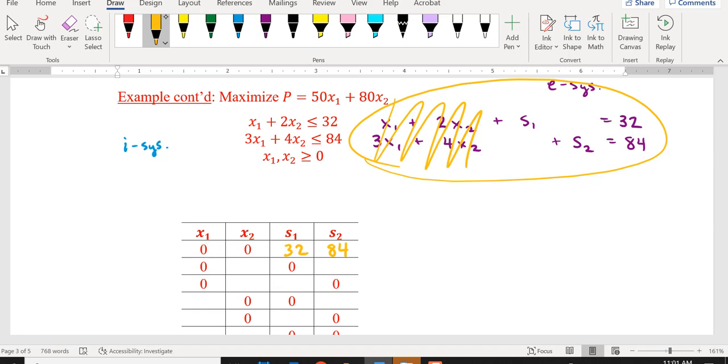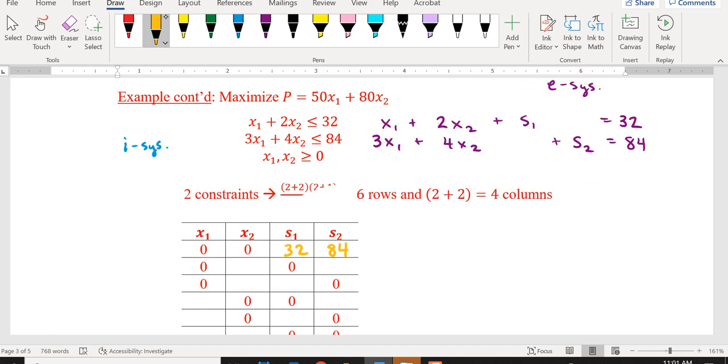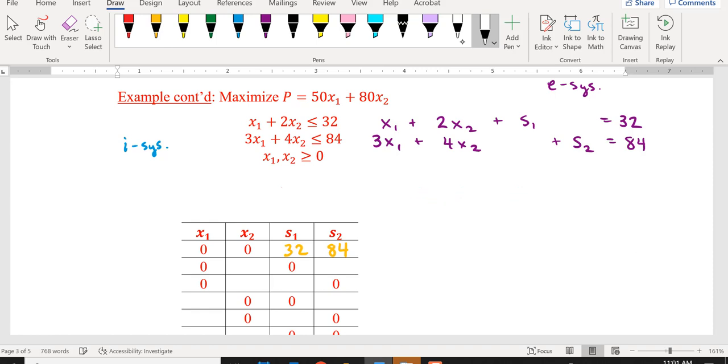Row 2. Okay, here comes row 2. X1 and S1 are 0.